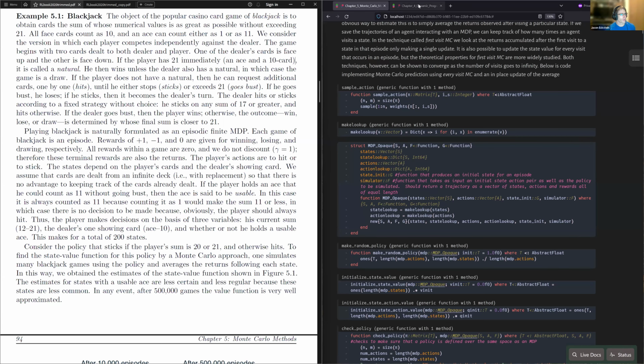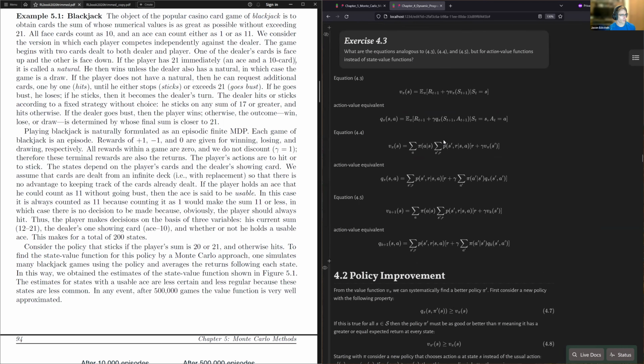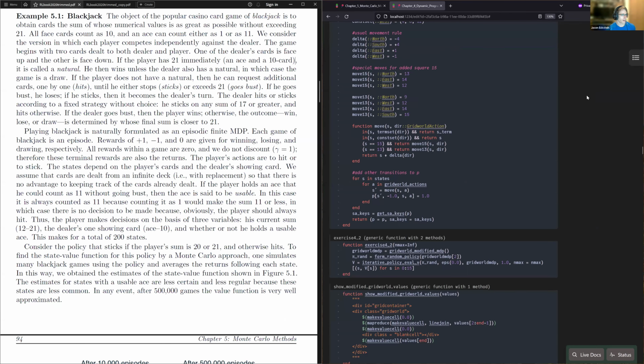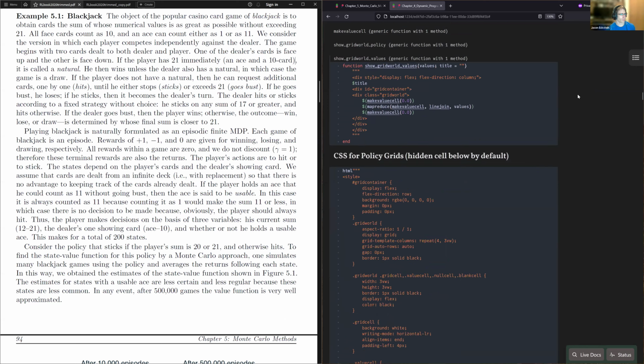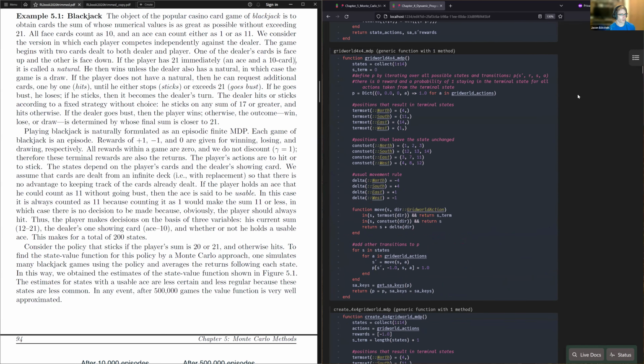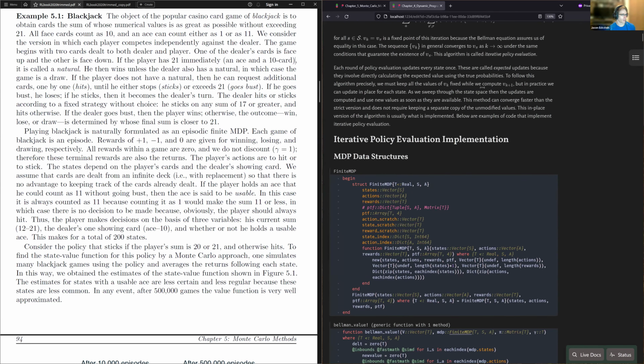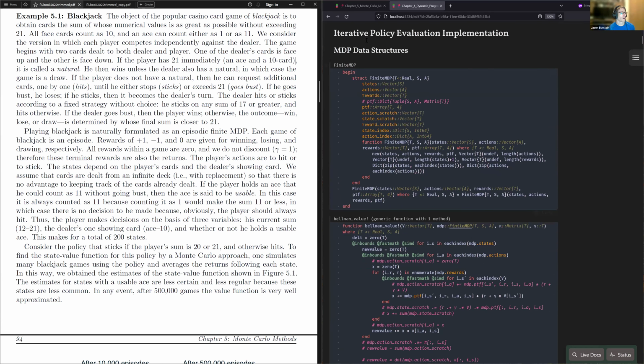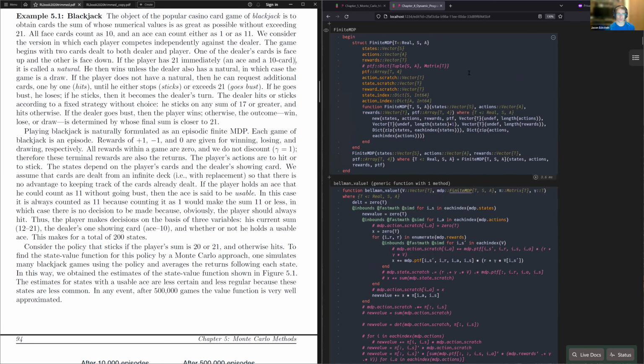So also, like in the previous section, the dynamic programming section, in terms of actually implementing this, I have something that defines a Markov decision process. For the previous chapter, in the Markov decision process we always have the state space, the action space, and the reward space.